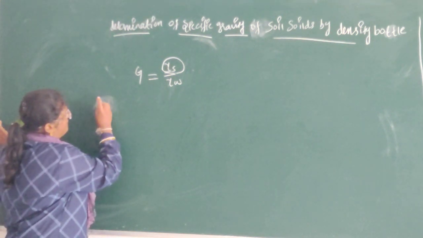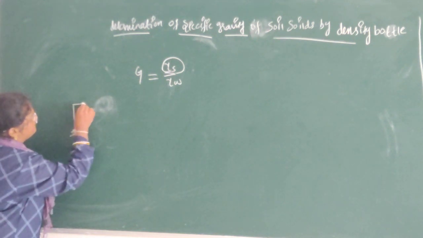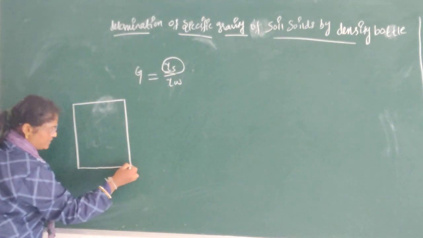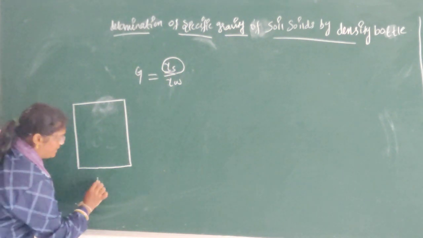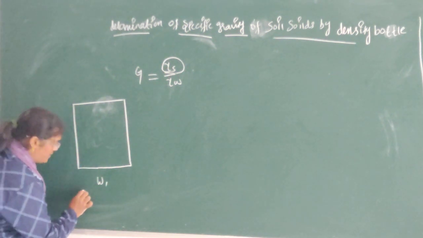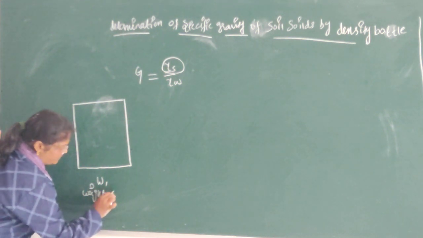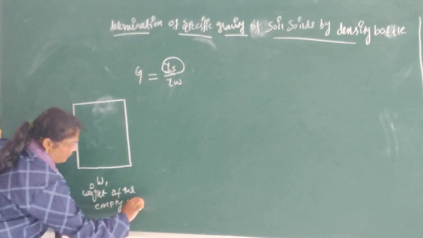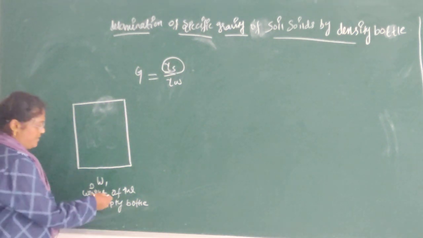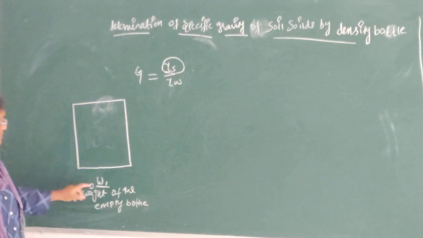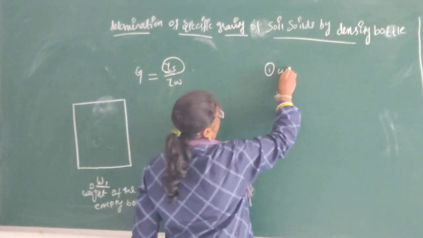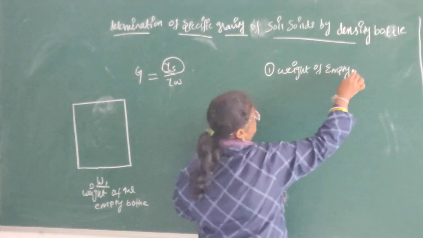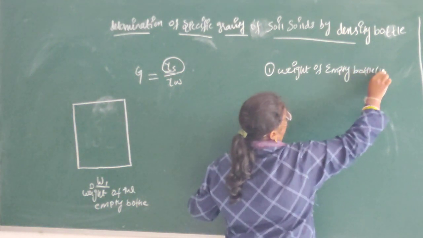So first see here, this is your bottle. Whichever density bottle you are taking, the first step will be the weight of the empty bottle, which you will consider as W1. So the first step is to take the weight of the empty bottle, that will become W1.